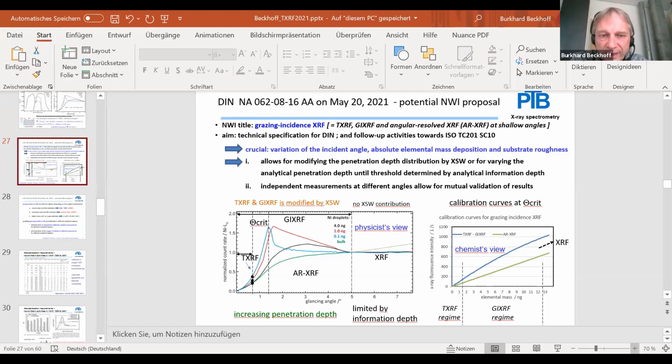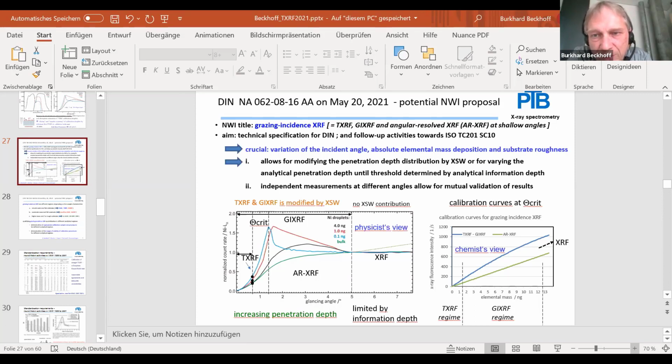This was a simplification just by the mass. So it's a mixture of mass, increasing roughness, but you still have the excitation at the substrate. One has to sort this out, and one has to define samples for which this is of interest, and particles or even coarse particles is an additional class.